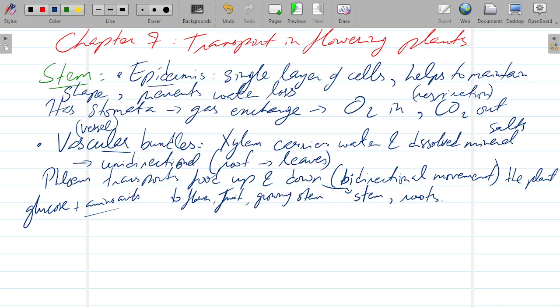Okay, so in each of these, you've got elongated cells. The xylem and the phloem individually are called tissues.